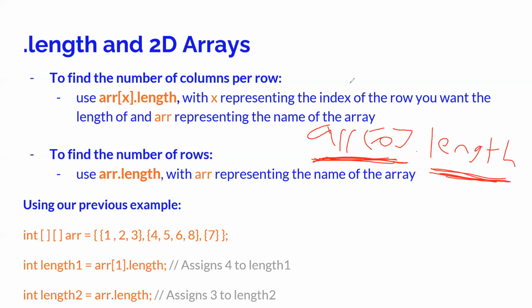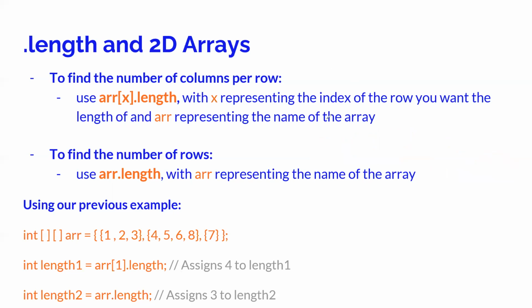Because we're thinking of it as rows and columns, the 0th row has this many columns. So we use AR sub x dot length, which gives us the length of the array, the number of columns in a row.